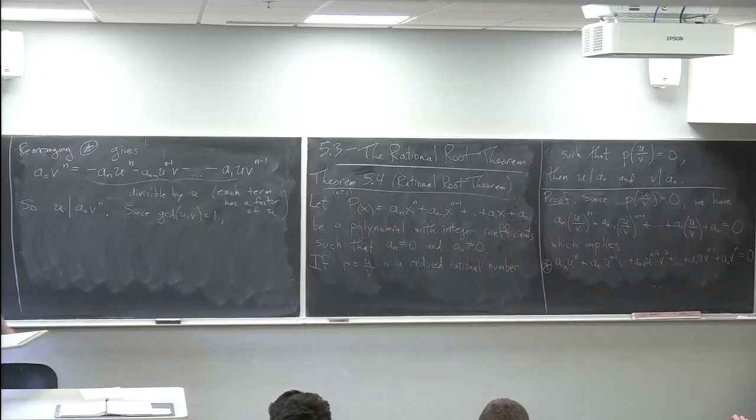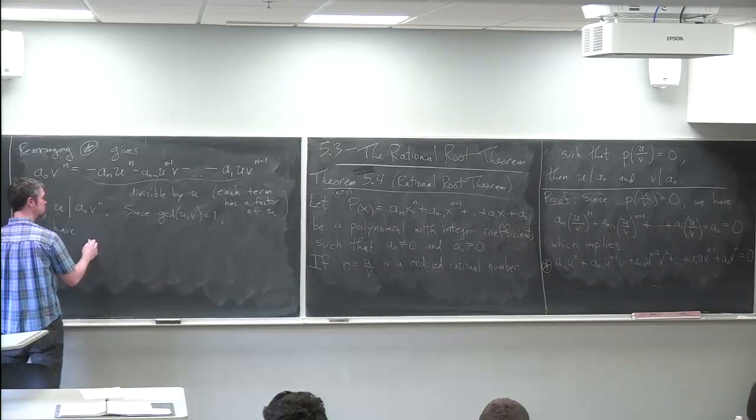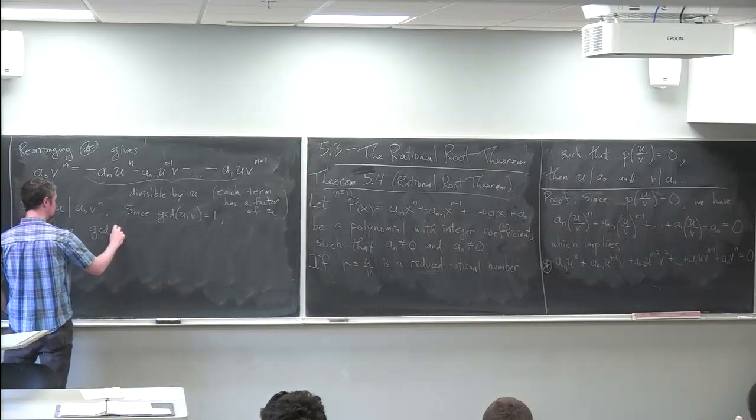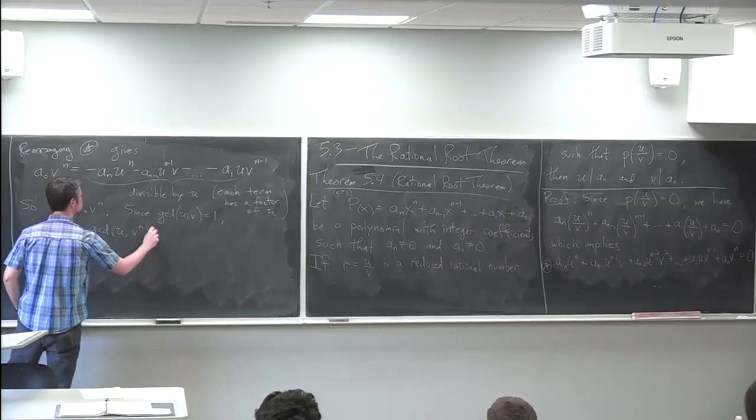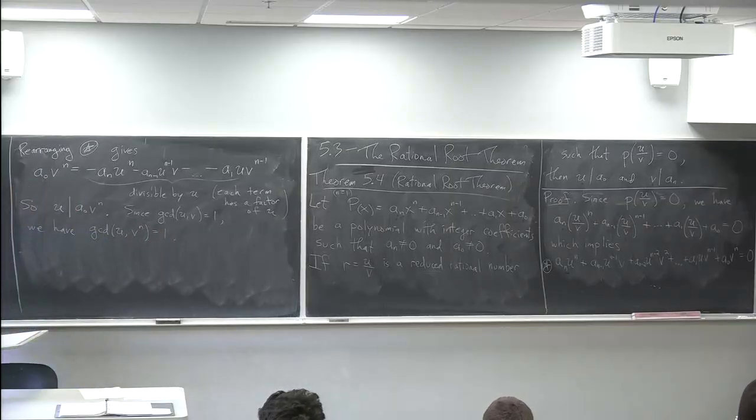What follows from this is that, first of all, the GCD of u with v to the n is also 1. That could be a little exercise if you need to check it out, but it is in fact true. If u and v have no factors in common, then u and v to the n will also have no factors in common. So a small exercise.